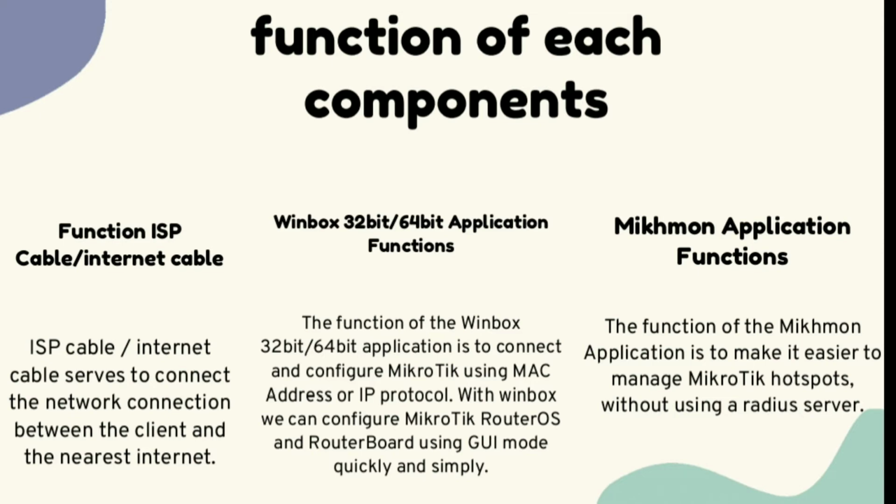The function of the Winbox application is to connect and configure Mikrotik using MAC address or IP protocol. With Winbox, we can configure Mikrotik RouterOS and RouterBoard using GUI mode quickly and simply. Micmon application function. The function of the Micmon application is to make it easier to manage Mikrotik hotspots without using a radius server.